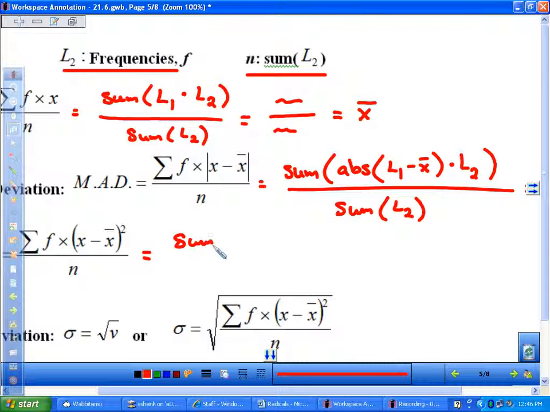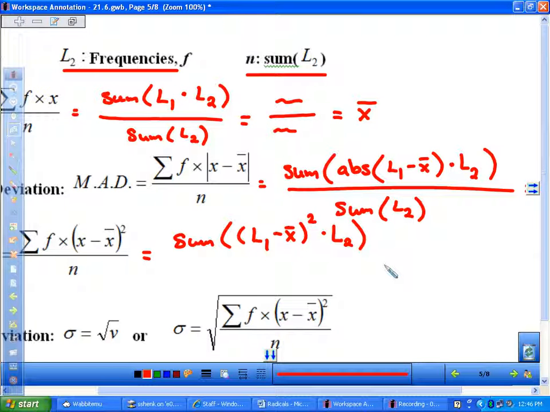Instead of taking the sum of the absolute values, we're now going to take the sum of just simply parentheses again, L1 minus X bar, close, square, times L2.